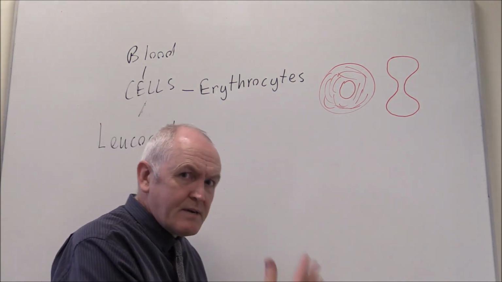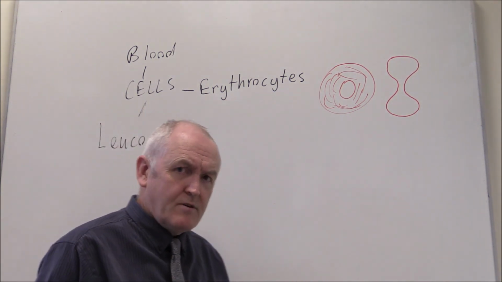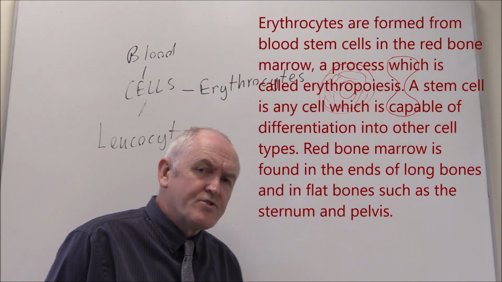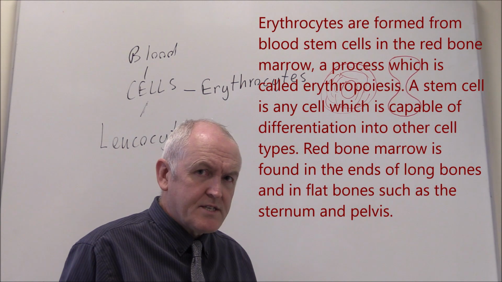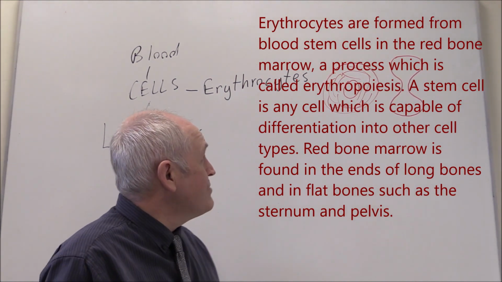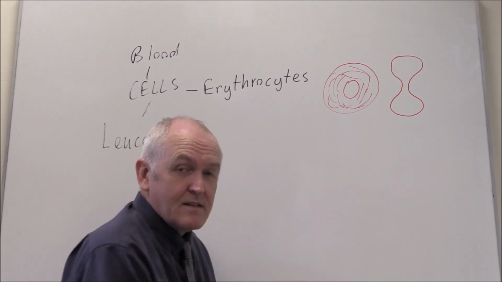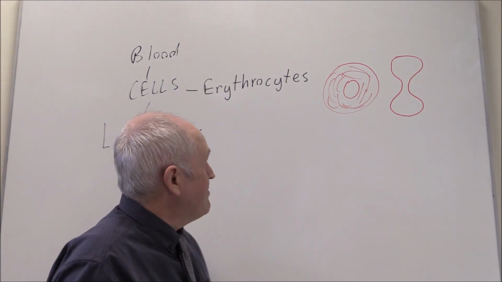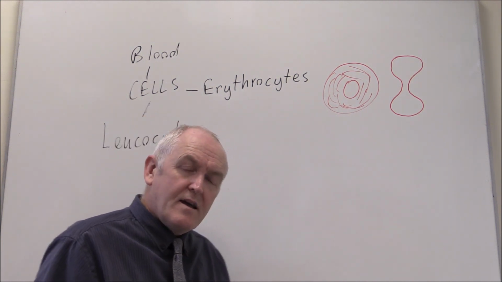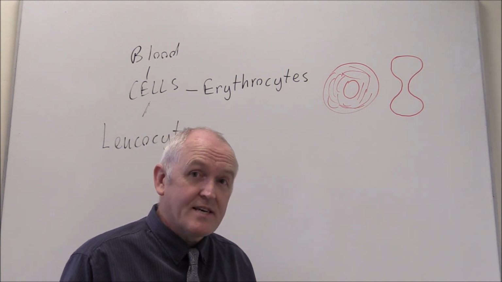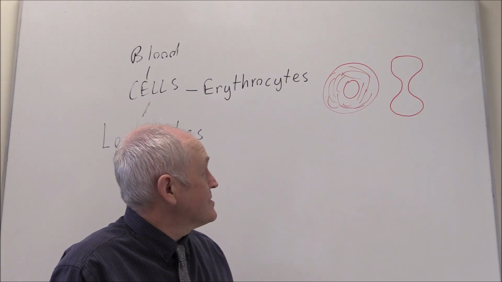So the red cells are being produced all the time in the red bone marrow. And of course, in the circulation, the red cells do not have a nucleus. They are the only cells in the body that are living cells, they are metabolizing cells, but they don't have a nucleus. Now, when they were in the bone marrow, when they were forming, they did have a nucleus, but the mature cell doesn't.